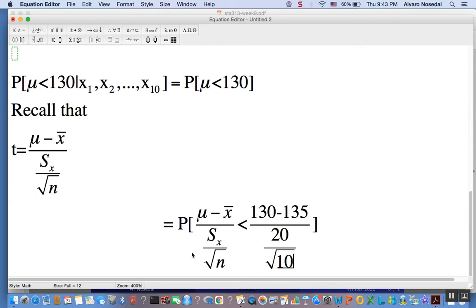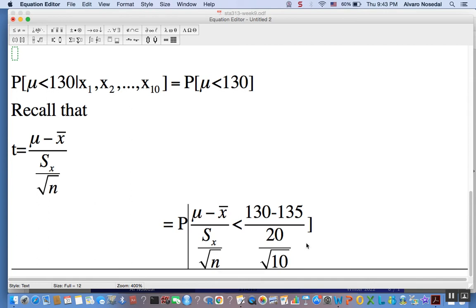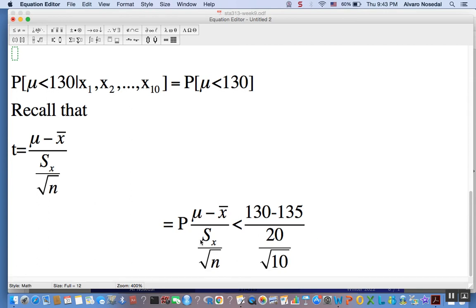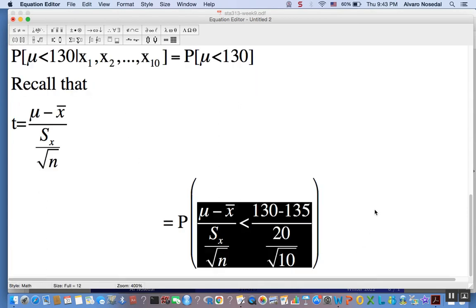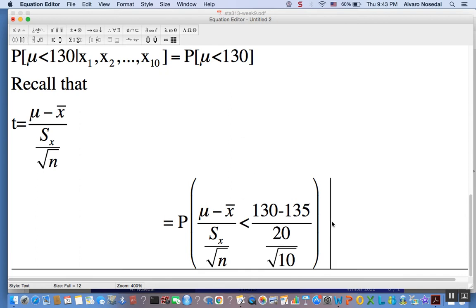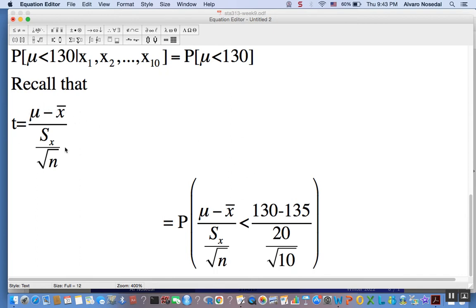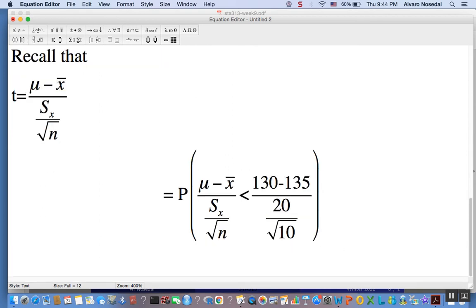Now let me change this. I want this to look a little better. That looks better. So we're just again using that transformation to go from a non-standard t to a standard t. Okay, let's keep going.